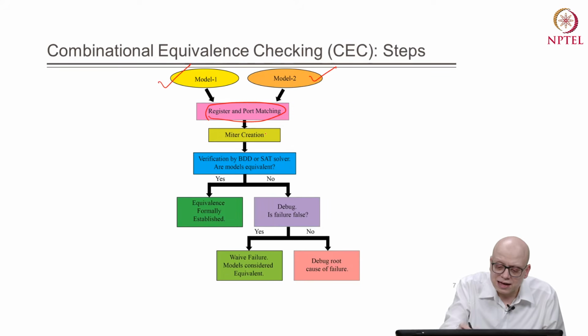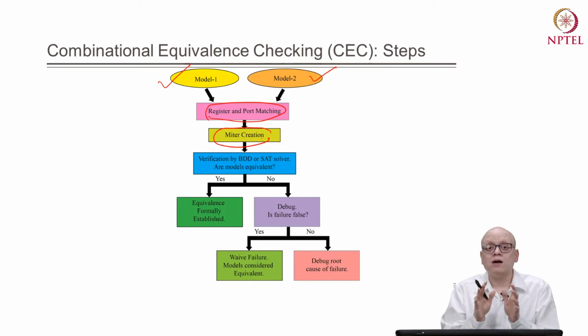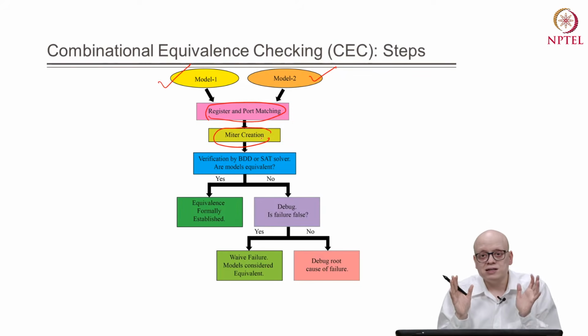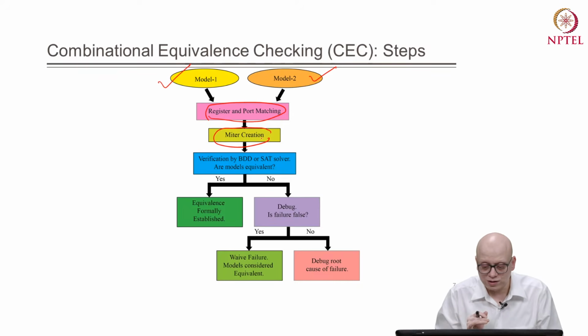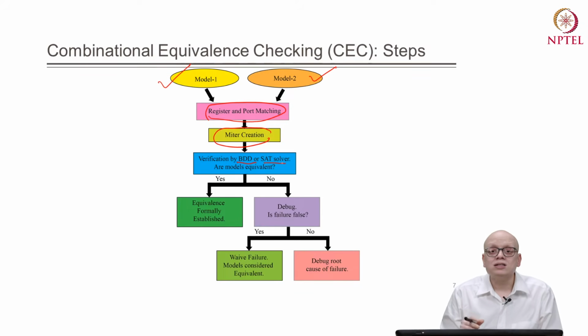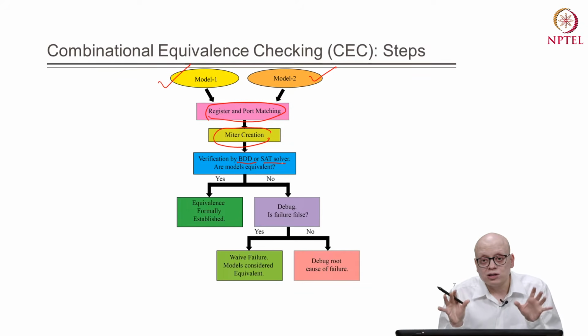Then we create a miter, or multiple miters, for the combinational circuit elements in our circuit. How we do it we will see in a subsequent part of this lecture. Then we invoke BDD and SAT solvers to check whether the miter, or the combinational logic block between sequential elements, is equivalent or not.